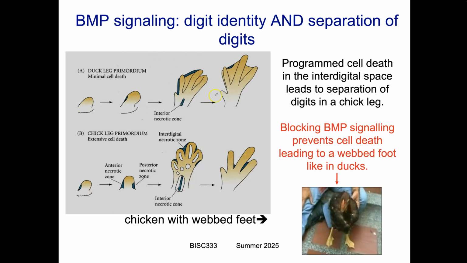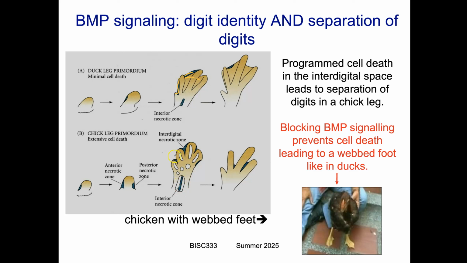And so if you think about ducks that have webbed feet and chickens that do not, both of them go through a process of cell death during the development of the limb, but it's under control. And in the case of the duck, there's just a little bit in a few regions, and the spaces between the digits is mostly left unaffected.